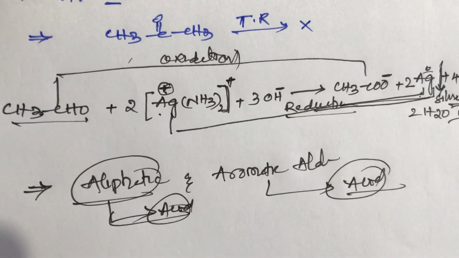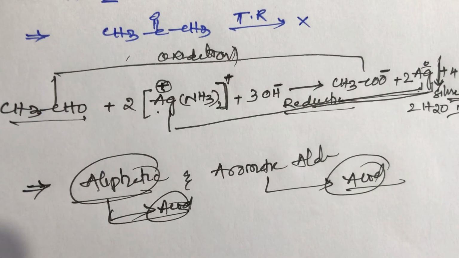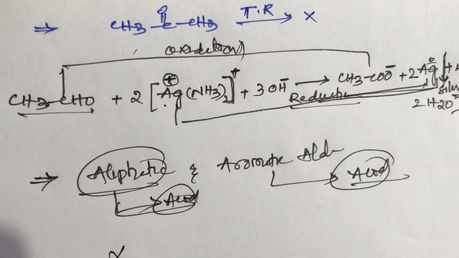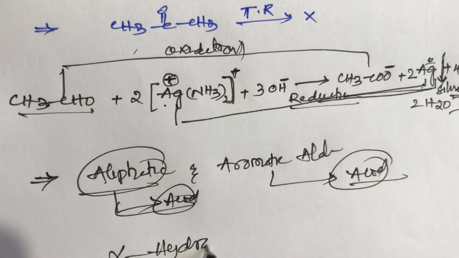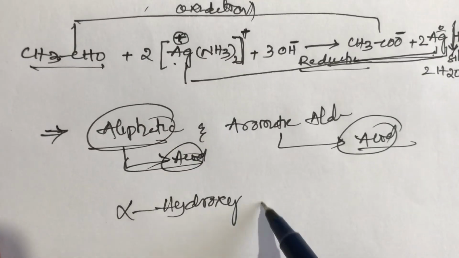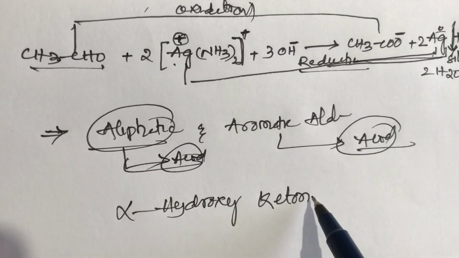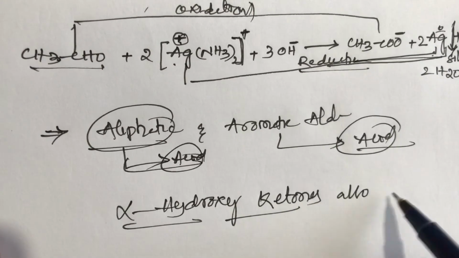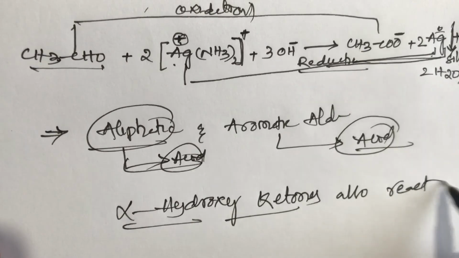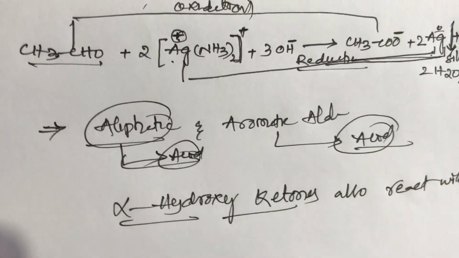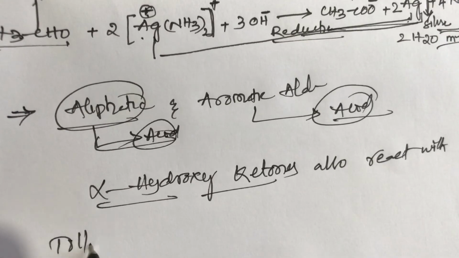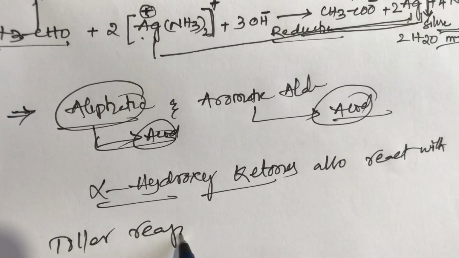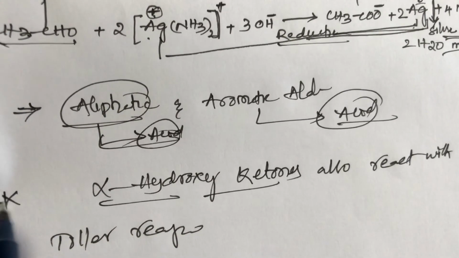Some exception cases, that is alpha hydroxy ketones, also react with Tollens reagent. You remember, student, it is very important.